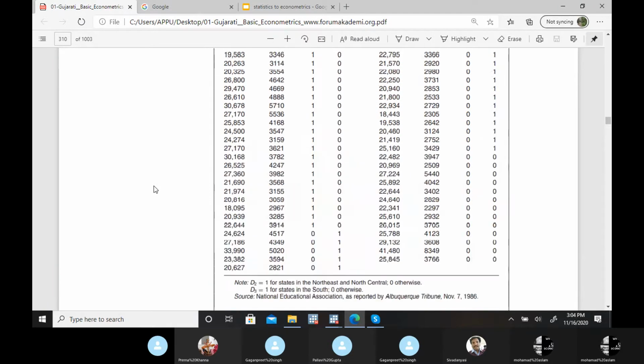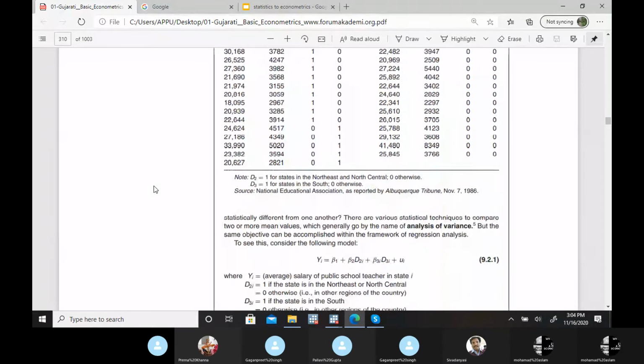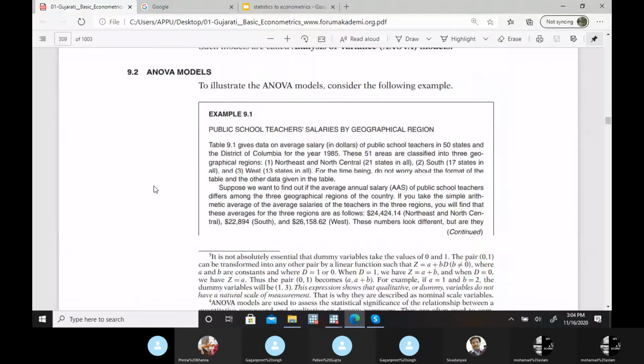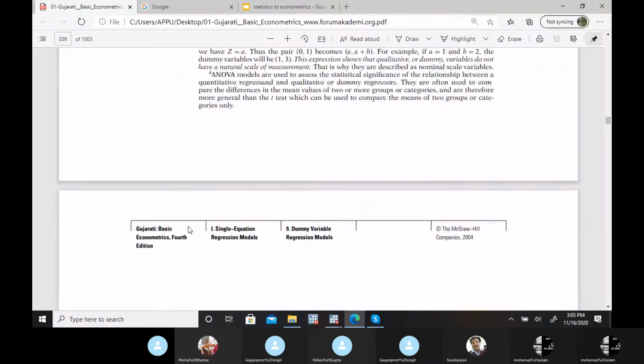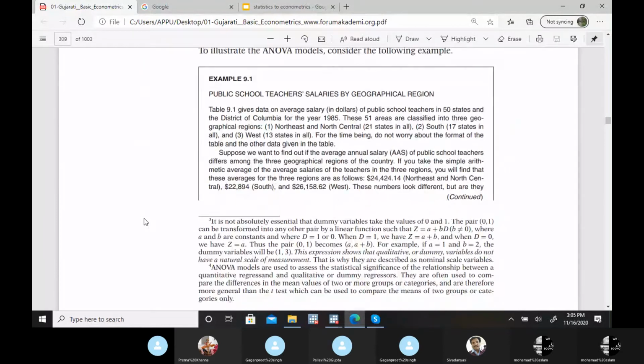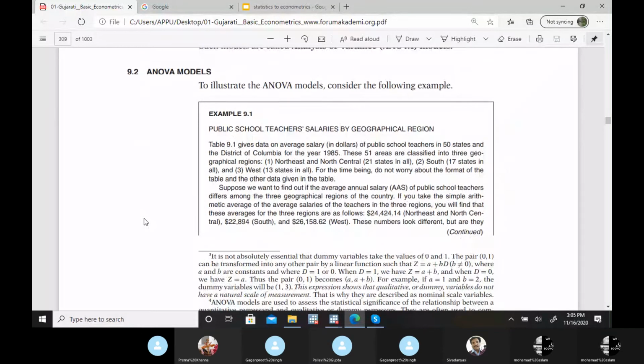Then our dummy variable is the geographical region. In this situation, they have 3 different geographical locations: northeast and north central, south and west. And you want to see, is there any difference in the average salary of school teachers based upon these geographical locations?